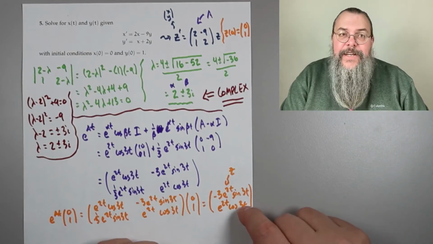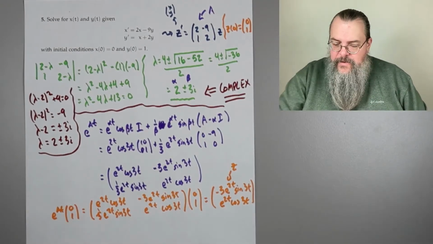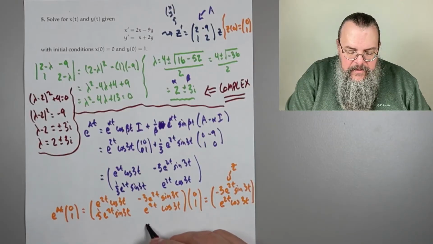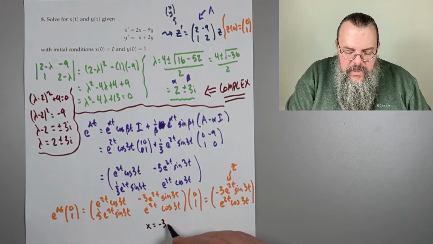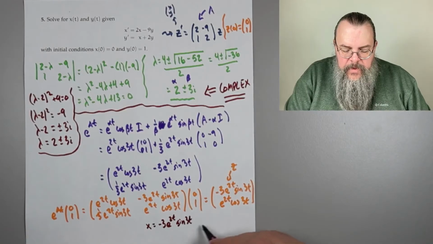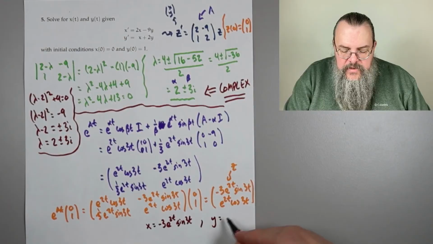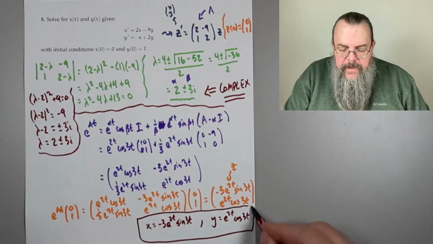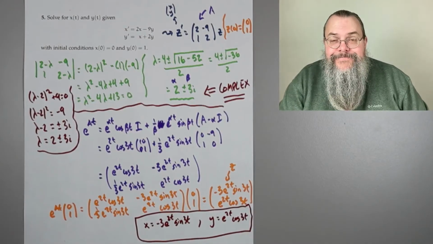The second entry, that's y. So we say our real answer is that x is minus 3 e to the 2t sine 3t. And then y is our second entry, e to the 2t cosine 3t. And that is our answer.